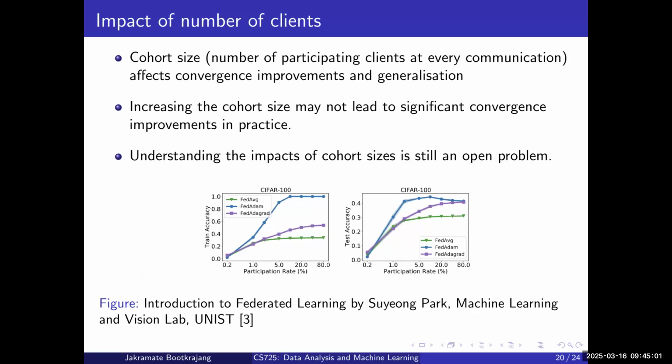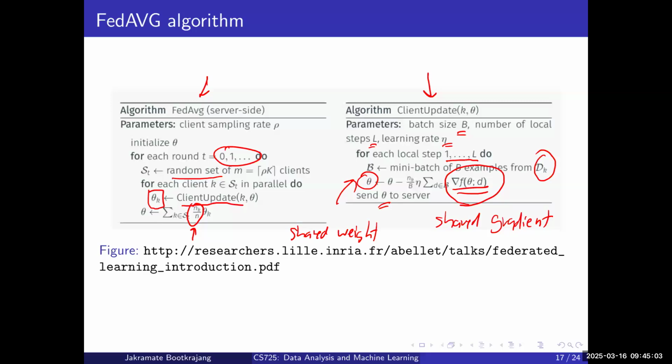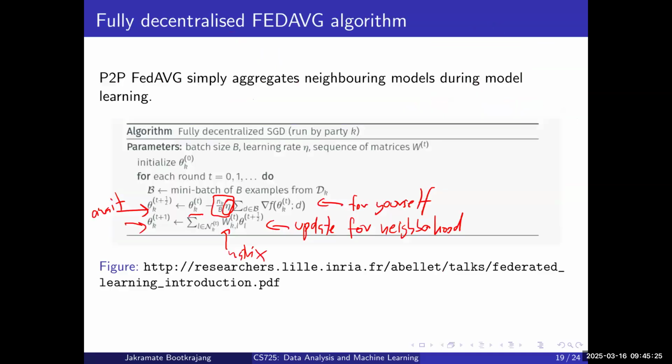So in the centralized sense, you are picking a random set of your clients. So not all of the clients are participating in the update at the same time, right? Only some of them. So how do you pick how many to participate in one iteration?